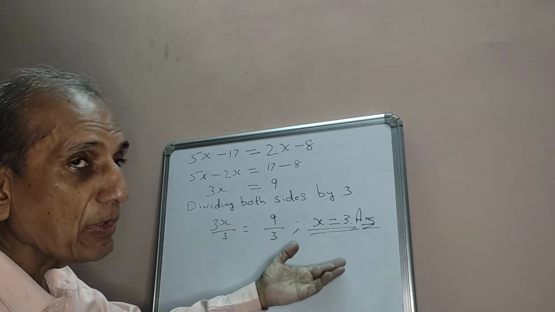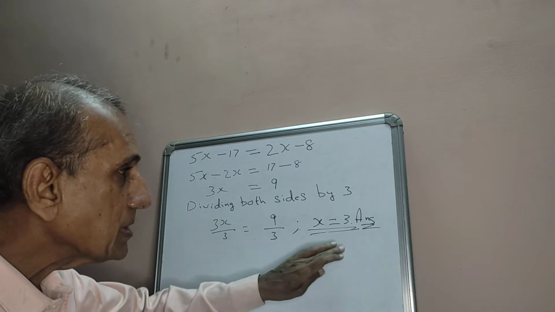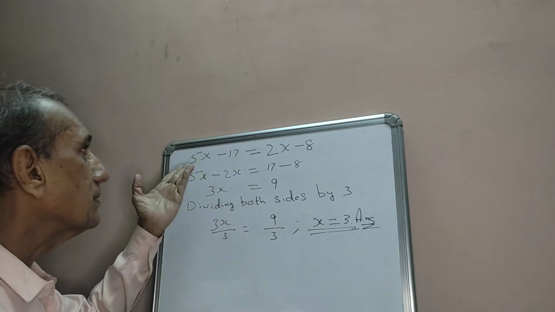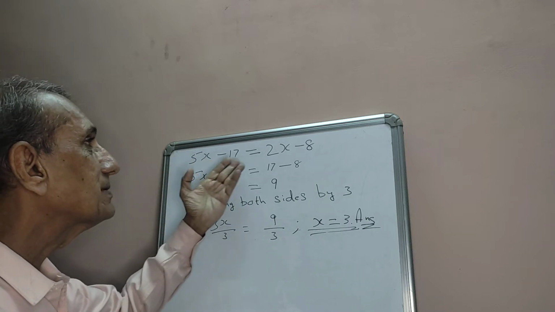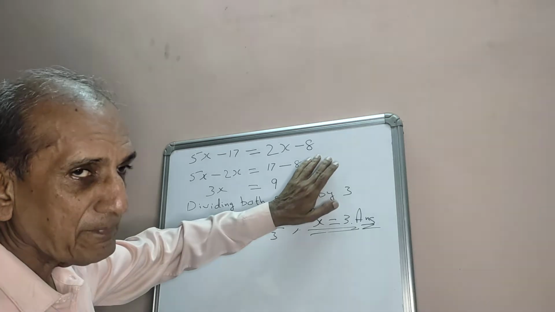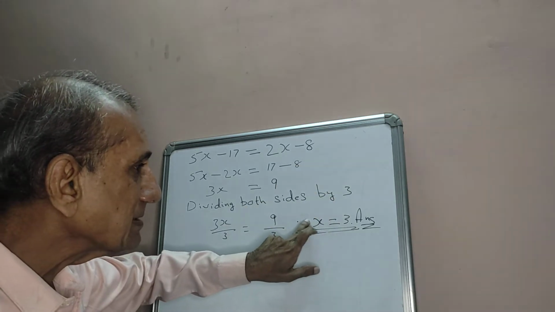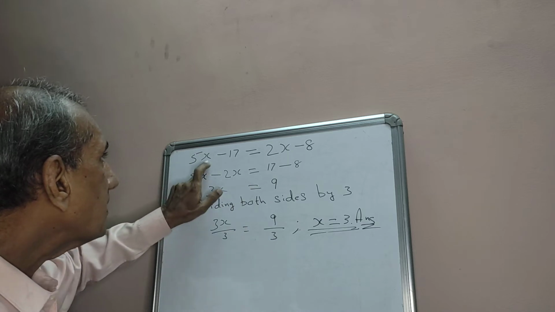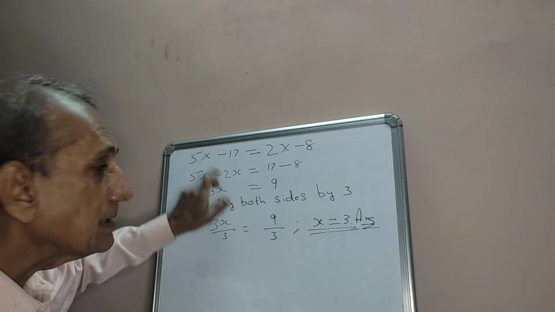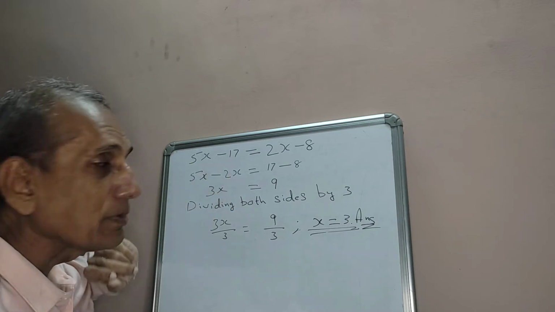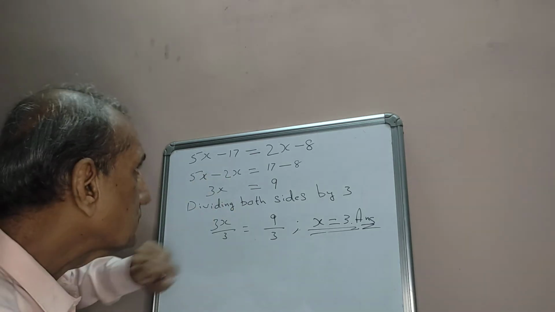Now is it correct or wrong? I need to check. How do I check? I can put the value x is equal to 3 in the original equation, 5x minus 17 is equal to 2x minus 8. If I put it, it should get satisfied. So if I substitute x is equal to 3: 5 times 3 is 15, 15 minus 17 is minus 2.